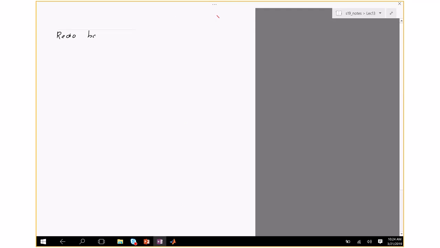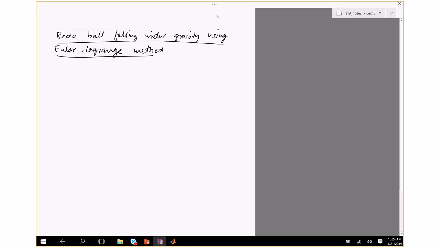Redo ball falling under gravity using the Euler Lagrange method. Okay, so let's first write the kinetic energy of a ball falling freely under gravity.